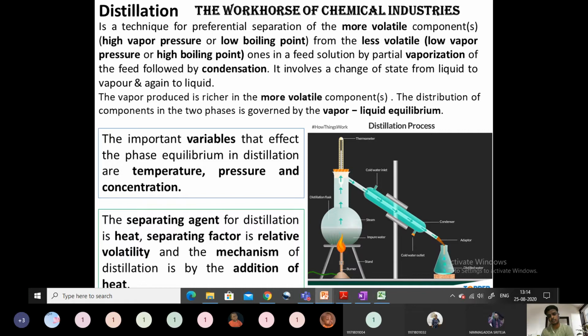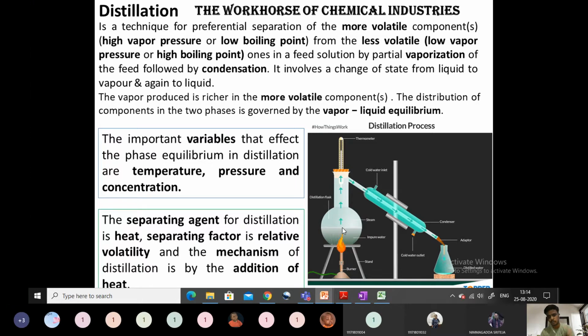Then first the definition: we'll see what distillation is. As you can notice here, there is a still pot in which some components have been filled, whether a single component or a mixture of components. For distillation to be carried out, there must be more than one component. For example, here methanol plus water is there.